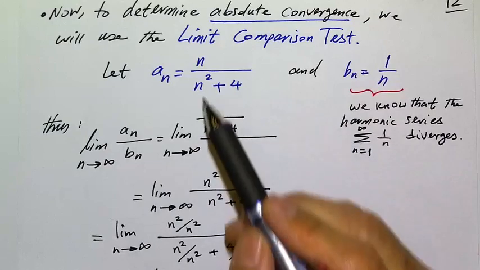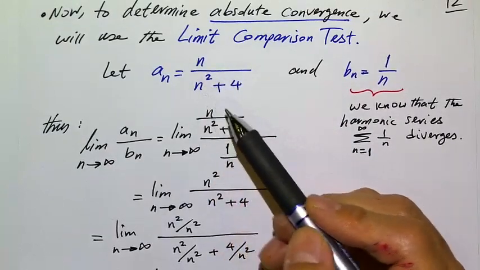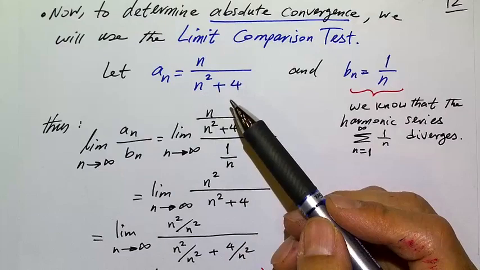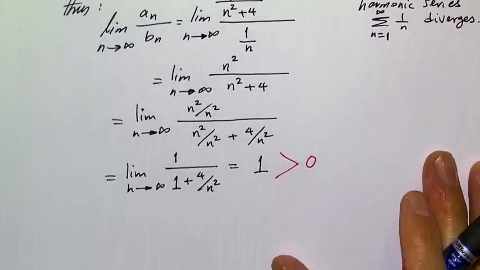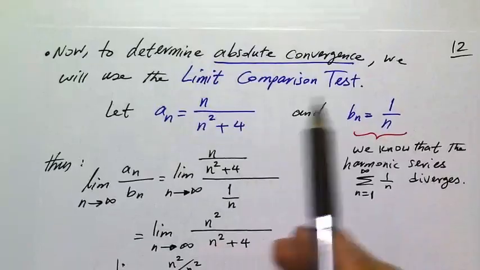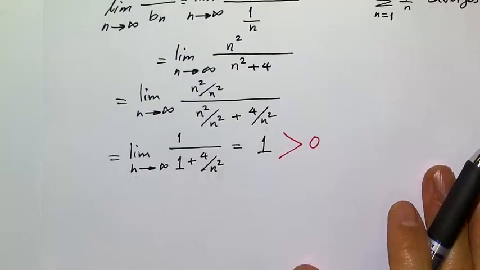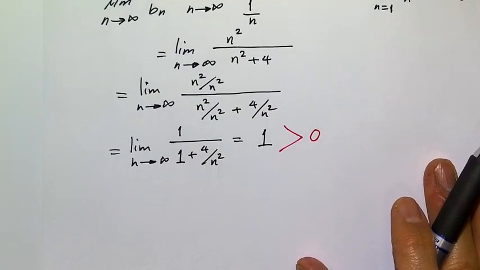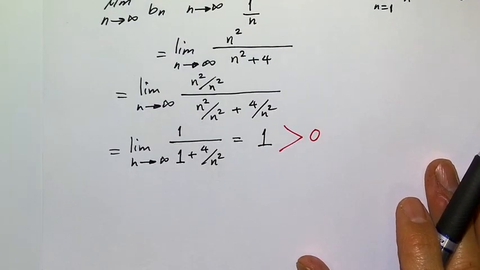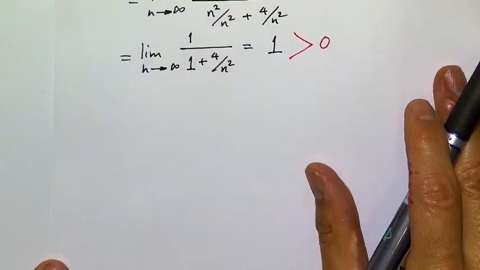Because when we applied the alternating series test, it was convergent, but we just showed using the limit comparison test that it is not absolutely convergent. Okay, so let me write that down.